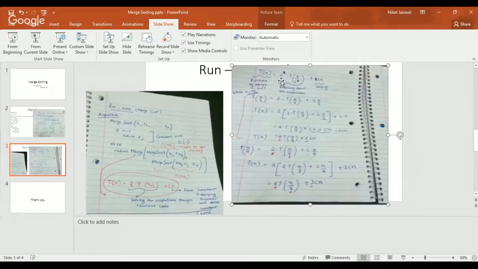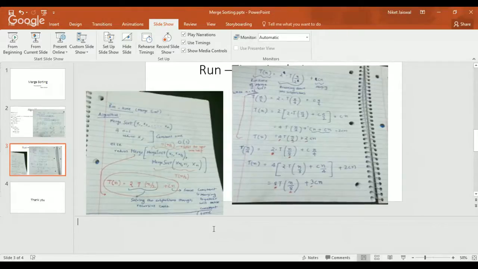So we can represent T of n, as the running time analysis, as 2 to the power of k times T of n by 2 to the power of k. This is 2 to the power 3, then this is 2 to the power of 2, this is 2 to the power of 1. And there is some constant value k, that is 3, then 2, that is kcn.